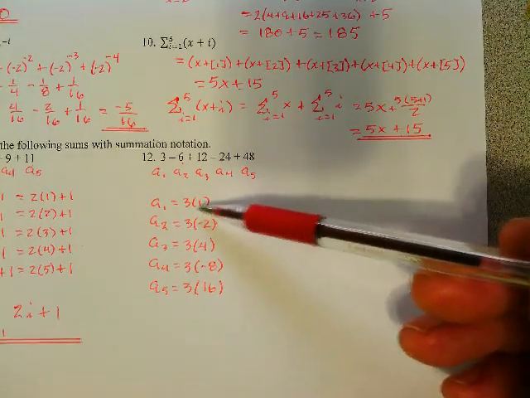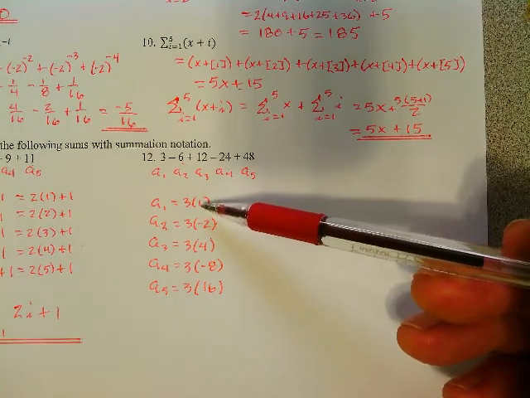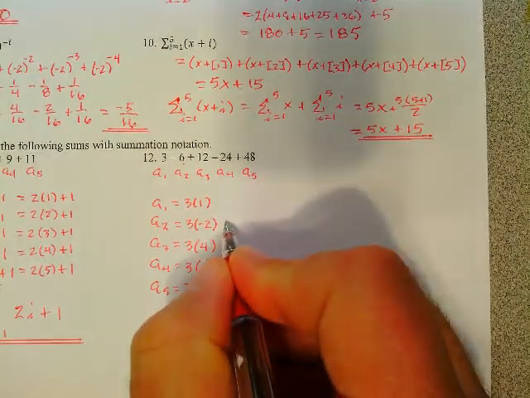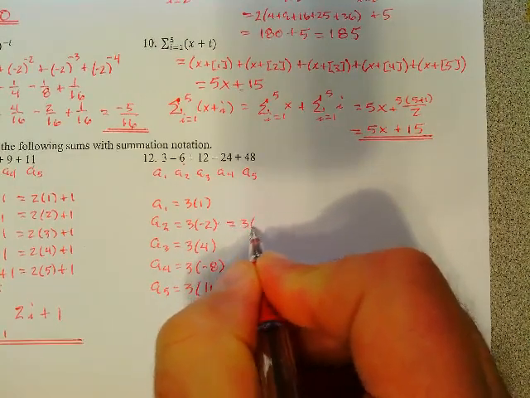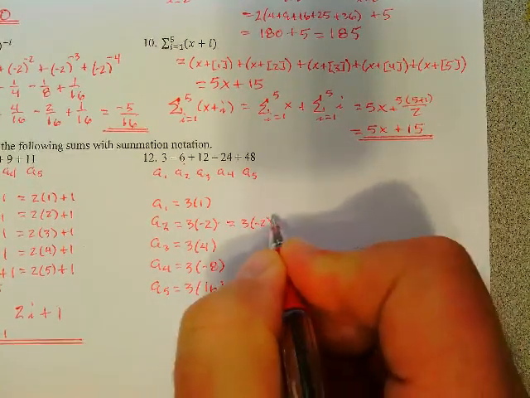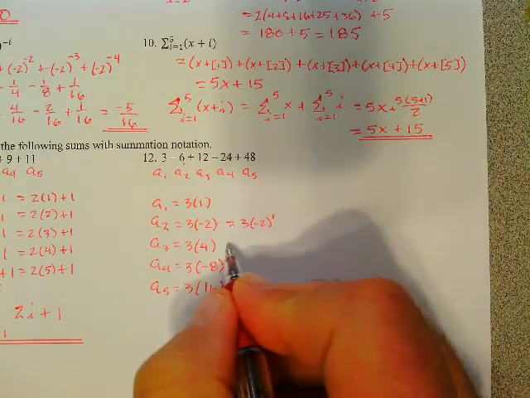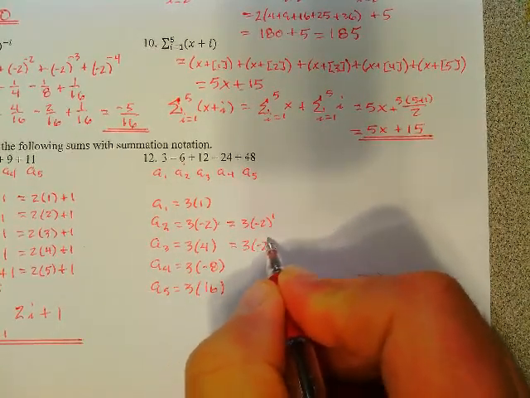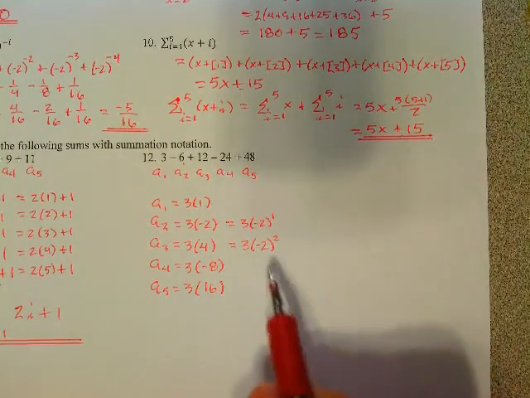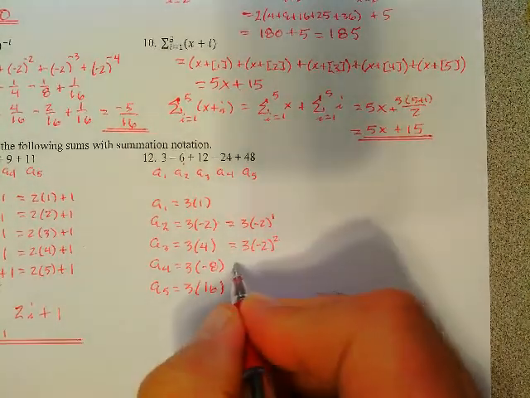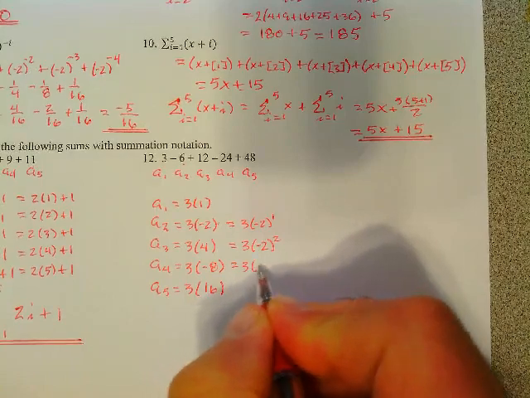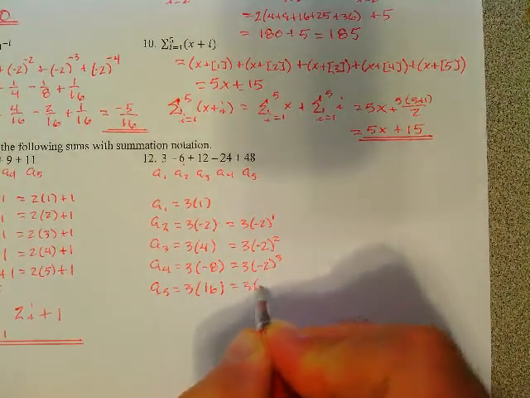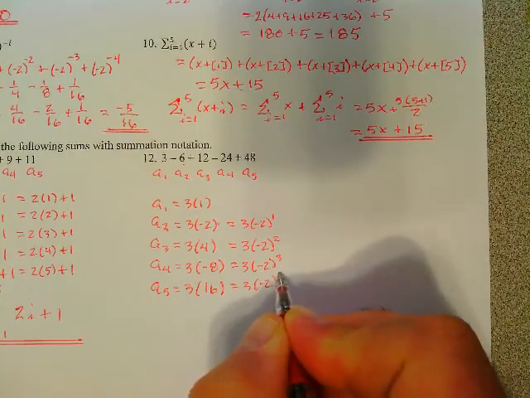And then it's like, okay, well, what about this one? How do I get around that? Well, if we think in terms of this is 3 times negative 2 to the 1 power, and then this one is 3 times negative 2 to the 2 power, so negative 2 times negative 2, and then 3 times negative 2 cubed, and then 3 times negative 2 to the 4th power.